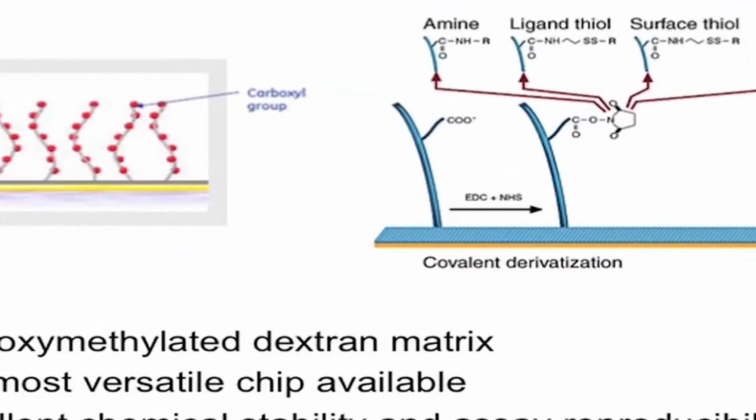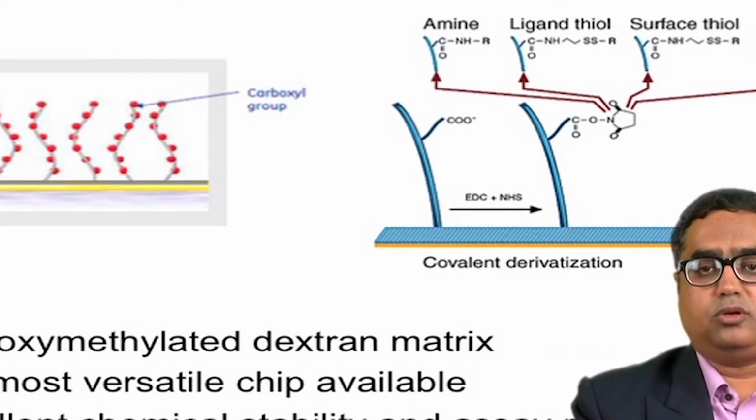To start with, the first chip, the universally accepted and used chip, is the sensor chip CM5. CM stands for carboxymethyl, and 5 is a certain number which shows the amount of branching. If you look at this particular slide, the gold has a glue.